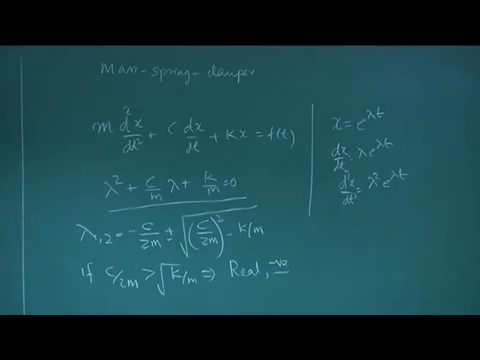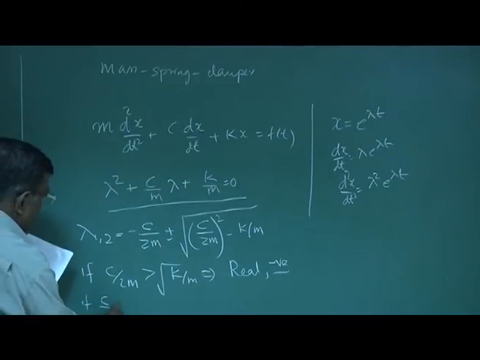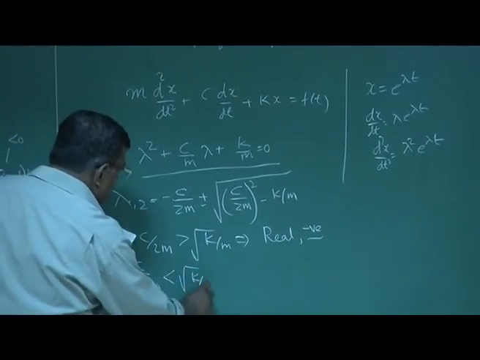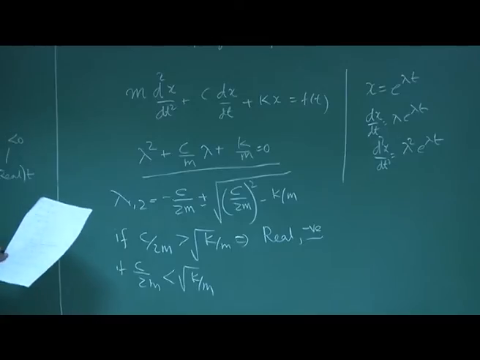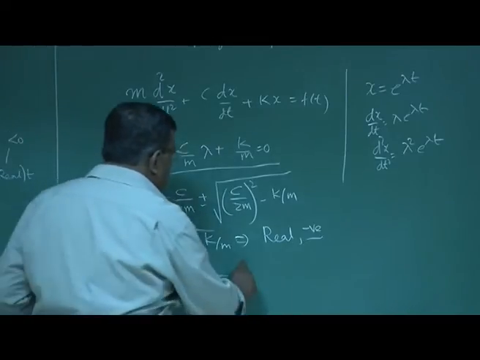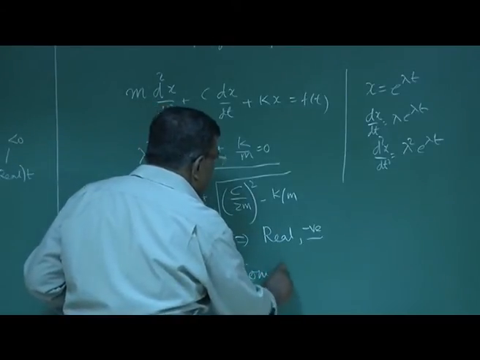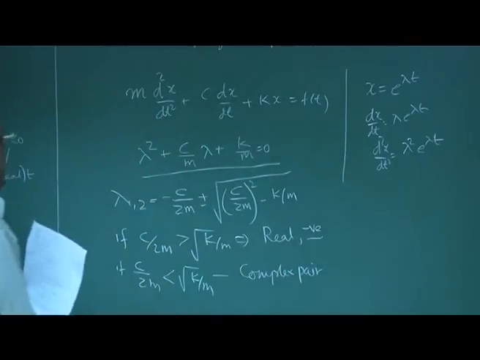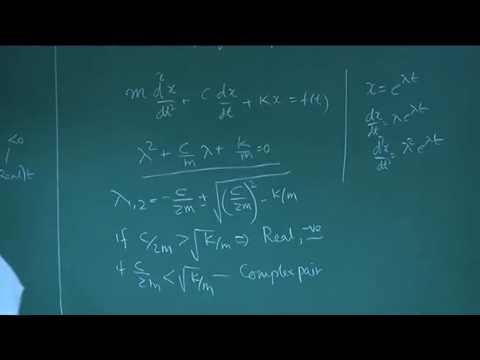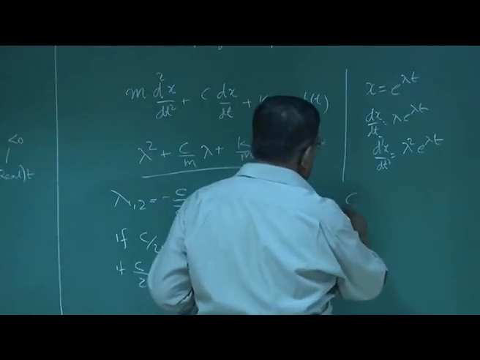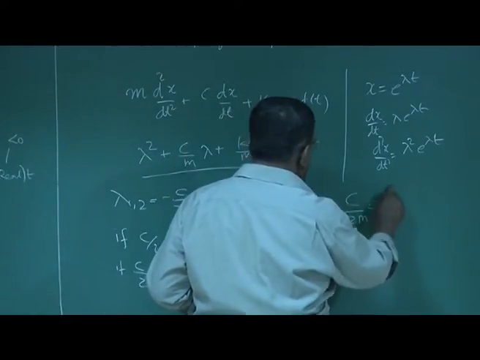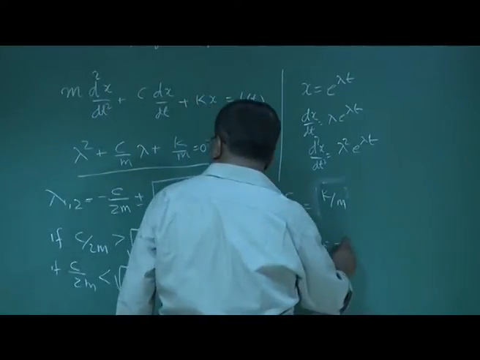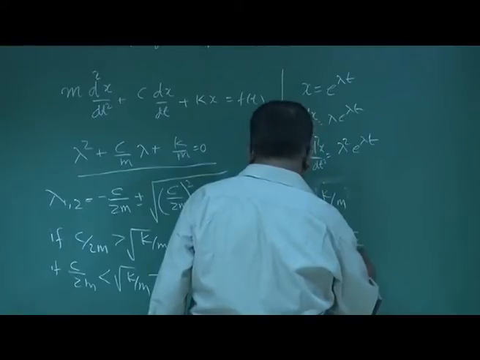And if c by 2m is less than under root k by m, then you get a complex conjugate pair. And of course, the natural question that comes to our mind is what happens if c by 2m is equal to under root k by m? Then lambda 1 and 2 are minus c by 2m.